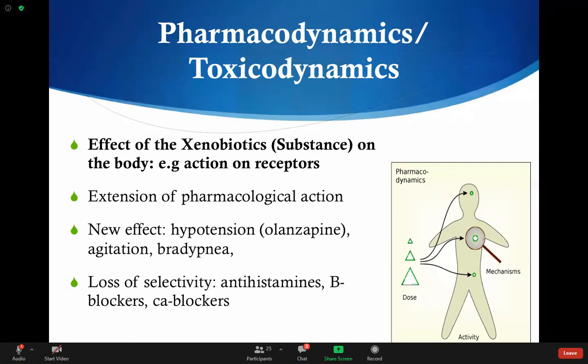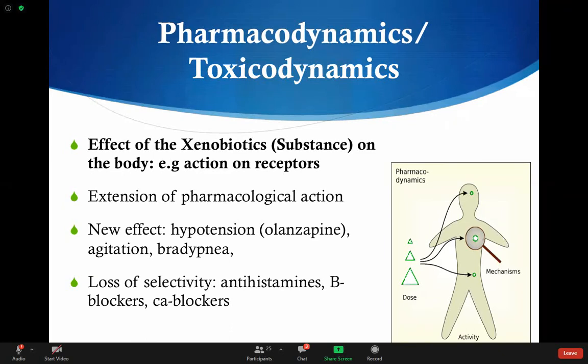So we give an example. The other example is the antihistamines. If you take antihistamines in usual therapeutic doses, you usually get the therapeutic effect of stabilizing the mast cells, maybe some sedation. But if you take too much of antihistamines, even selective antihistamines that are supposed not to cause sedation will cause sedation.